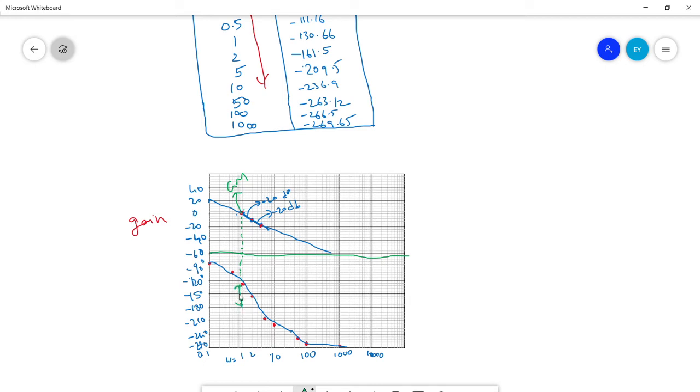This difference is nothing but the phase margin, PM.